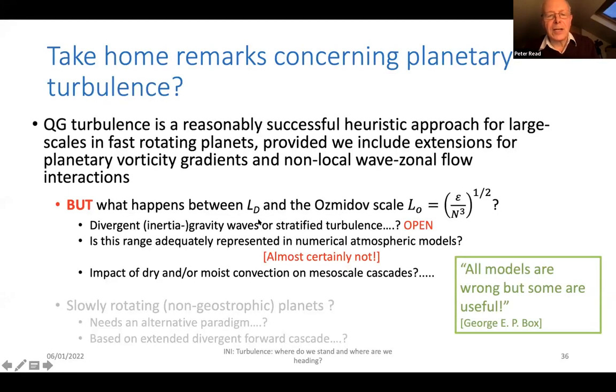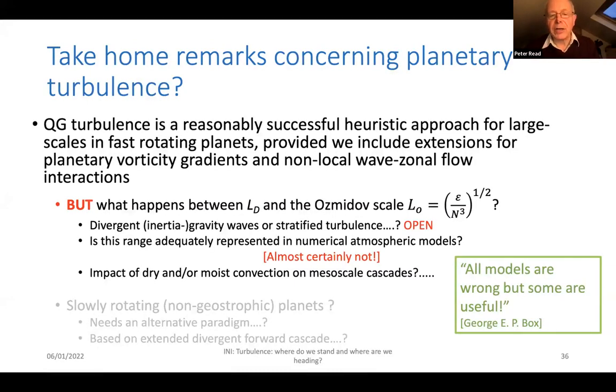So there's still an ongoing debate as to whether this range of length scales is dominated either by divergent gravity waves, with buoyancy forcing as the main restoring force, or fully developed stratified turbulence. So this is certainly an area that needs a lot more effort.